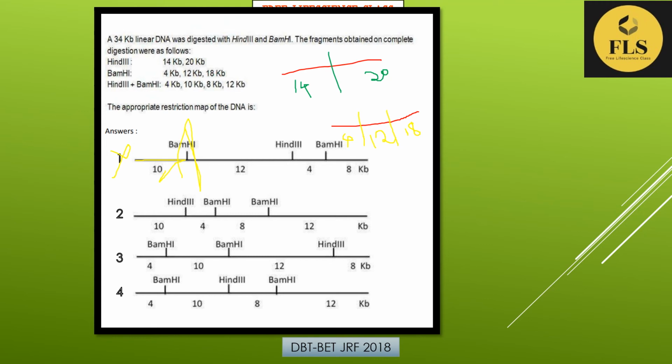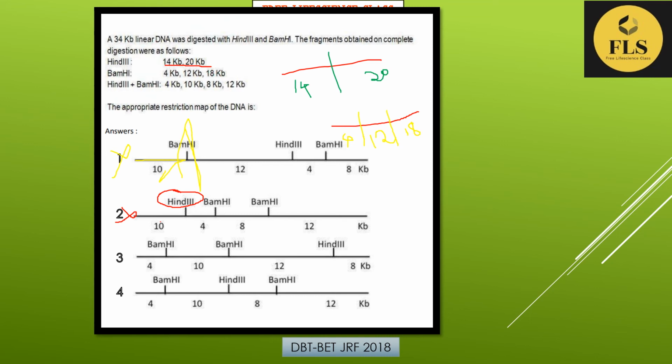Next, look at the second option. Here HindIII is the first one. Can you see any 10 kb fragment if it is cut with HindIII? No. So again we can eliminate this option. The next one is 4 kb; definitely if you use BamHI, you can get a 4 kb fragment. The third option and this fourth option are somewhat the same, the first fragment is the same.